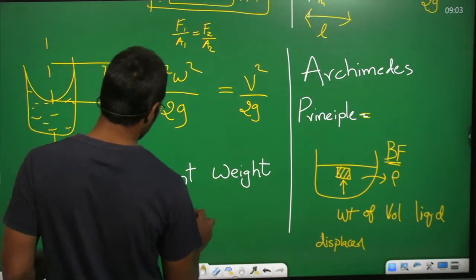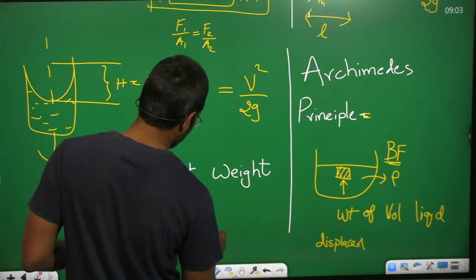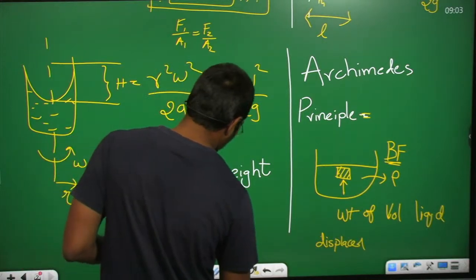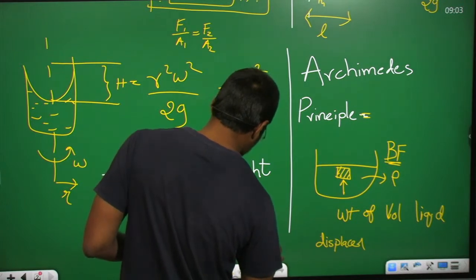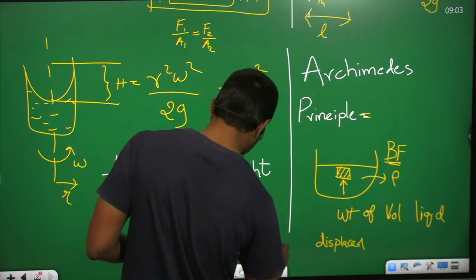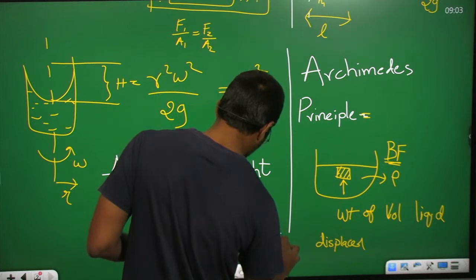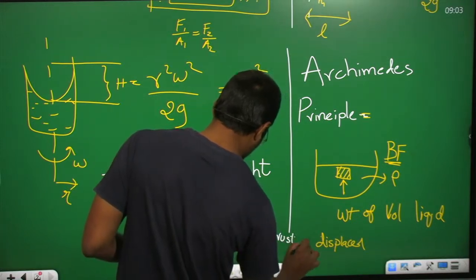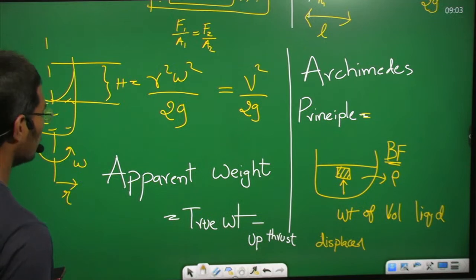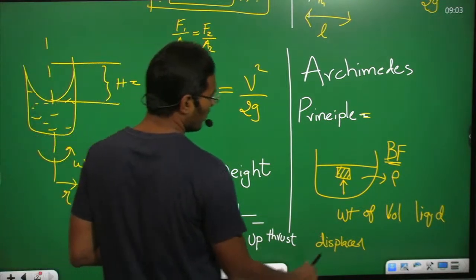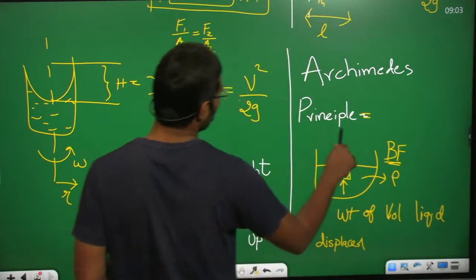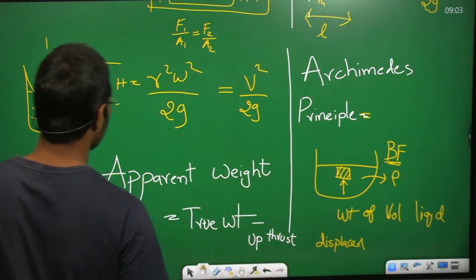It is nothing but true weight minus upward thrust. Apparent weight is equal to true weight minus upward thrust. What do you mean by upward thrust? Nothing but the weight of volume of liquid displaced according to our Archimedes principle. Okay.